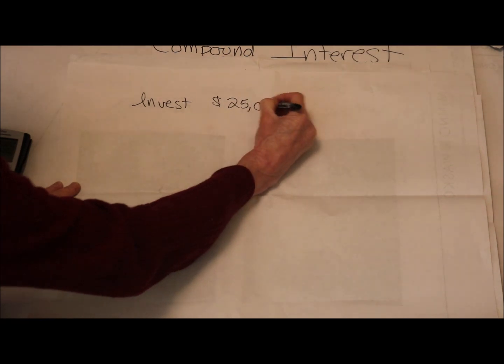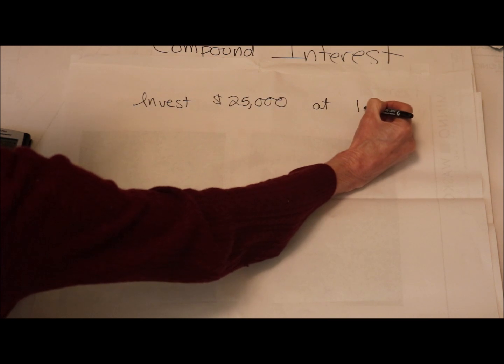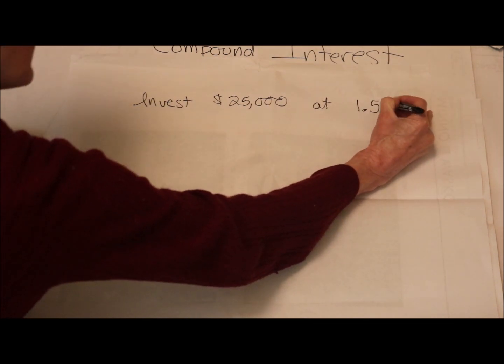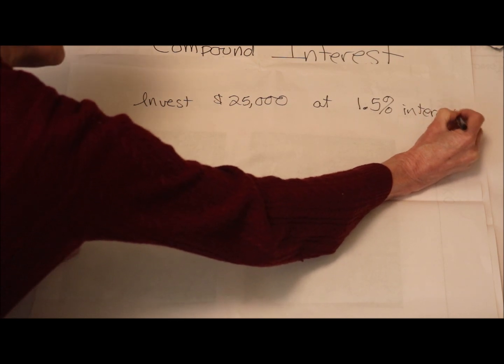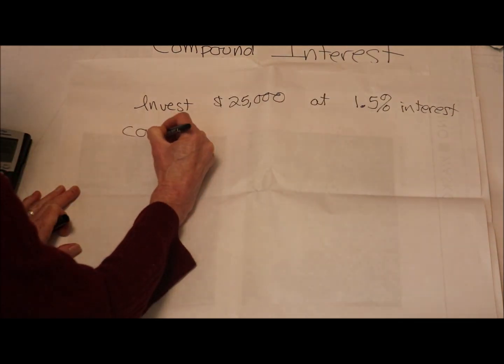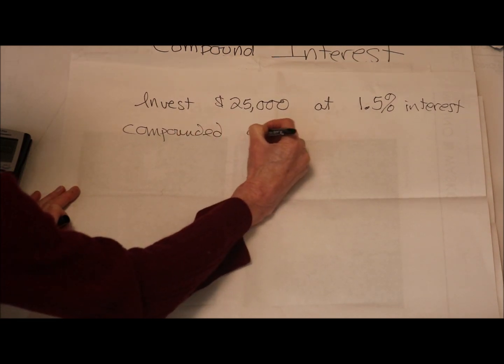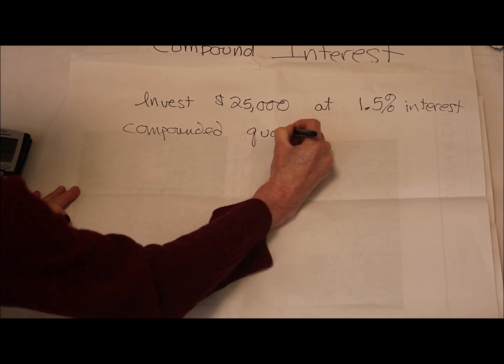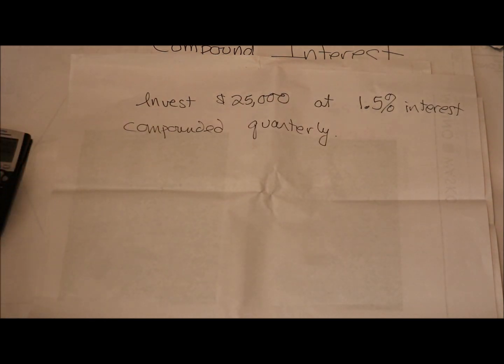We're thinking big. At, let's say, 1.5% interest. And let's compound this quarterly. So again, quarterly means how many times a year? Yeah, 4 times. So let's set up a model.